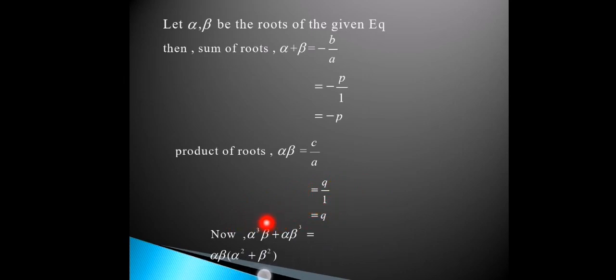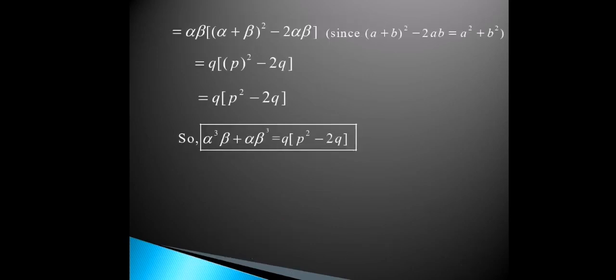That is, we are going to replace it by the formula which we have just discussed. We will replace alpha square plus beta square by (alpha plus beta) whole square minus 2 alpha beta. Now we have the value of alpha plus beta, that is minus p, and we have the value of alpha beta, that is q.